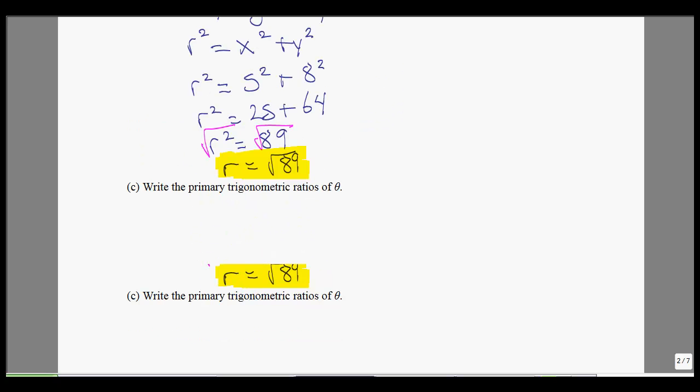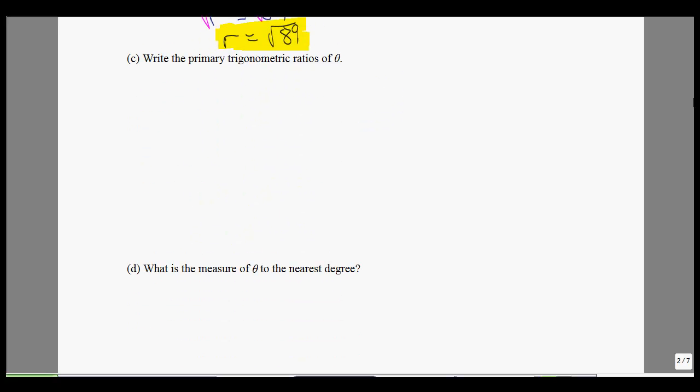Next part. Write the primary trigonometric ratios of theta. When it says that, we're looking for our sine of theta, our cos of theta, and our tan of theta. If you remember from SOHCAHTOA, our sine is our opposite over our hypotenuse.